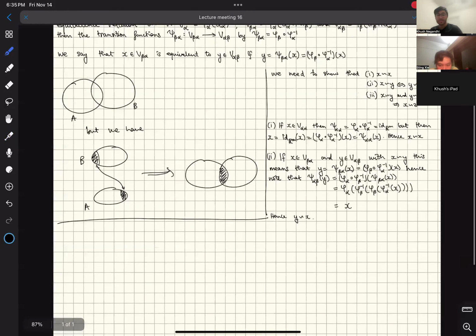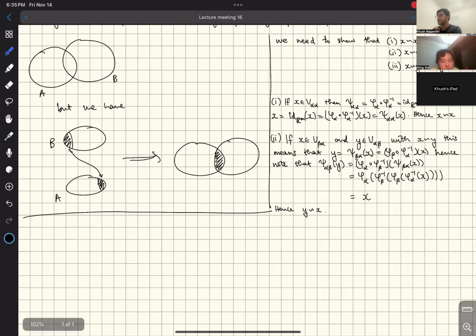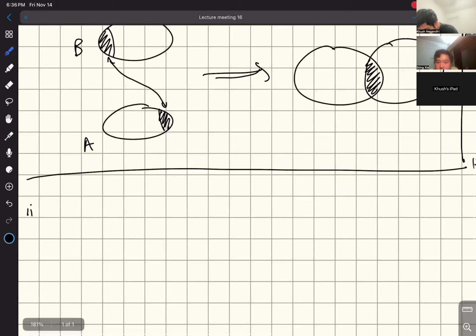Are there any questions on these two properties so far? Okay. Now, let's move on to the last one. This one's also just an annoying computation.